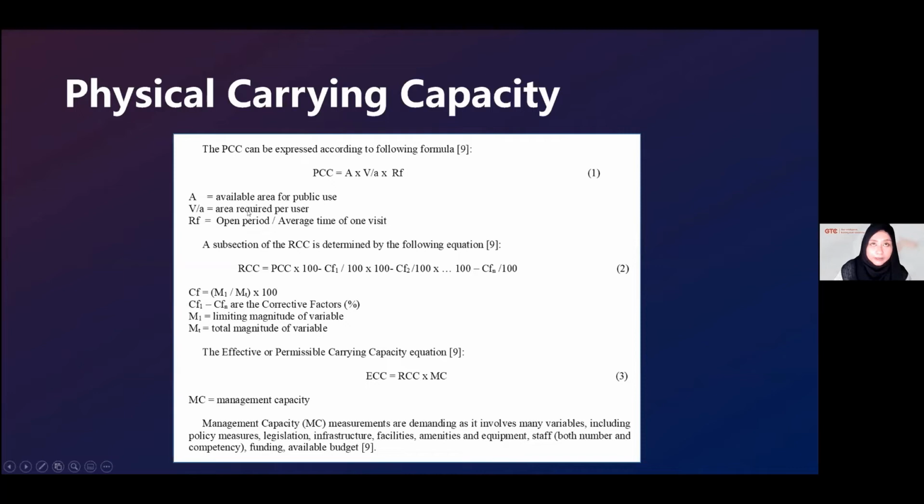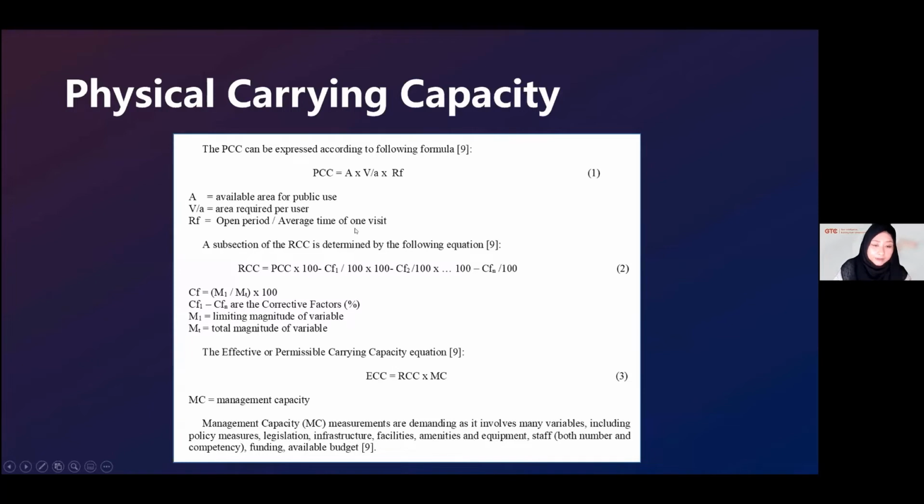Somehow I managed to use 1 square meter per meter for comfortable access by the user. All right. Then the open period, meaning the average time of one visit per visitor, for example from 7 a.m. until 7 p.m., from sunrise until sunset. Now it depends on your desired area, right?